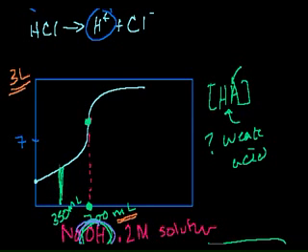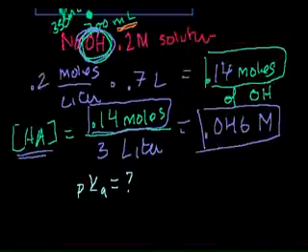Well, you go there and you say, okay, the pH was, maybe this number is 5. pH is equal to 5. And we know from the last video that at the half equivalence point, the pH is equal to the pKa, the negative log of our equilibrium constant. So there, we figured out the equilibrium constant as well.